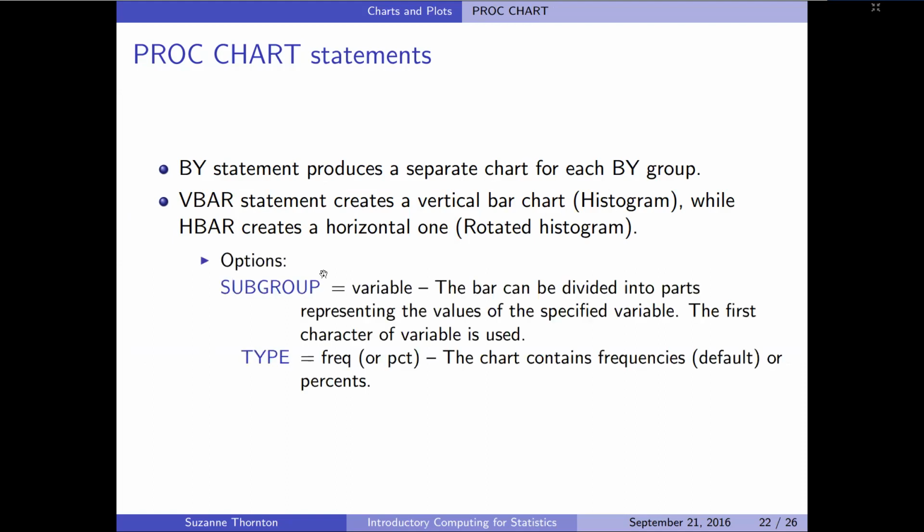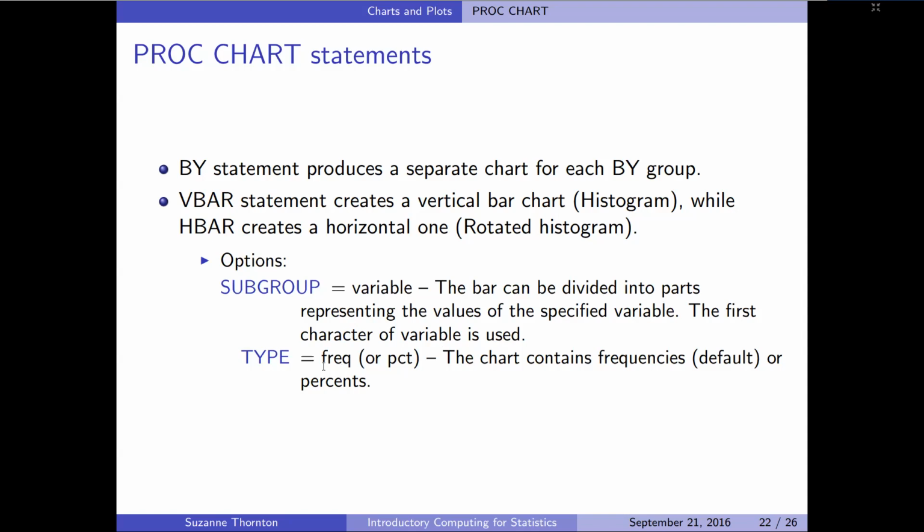Here are some important options for both the vbar statement and the hbar statement. The subgroup option, with a certain variable, divides the bar into certain parts, each of which represents a value of the specified variable. The first character of the variable will be used.